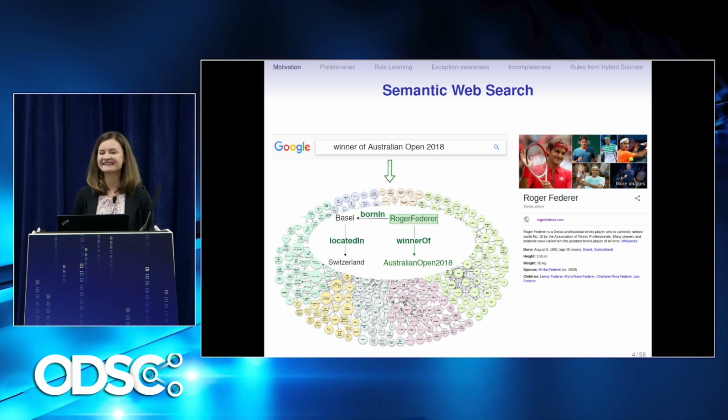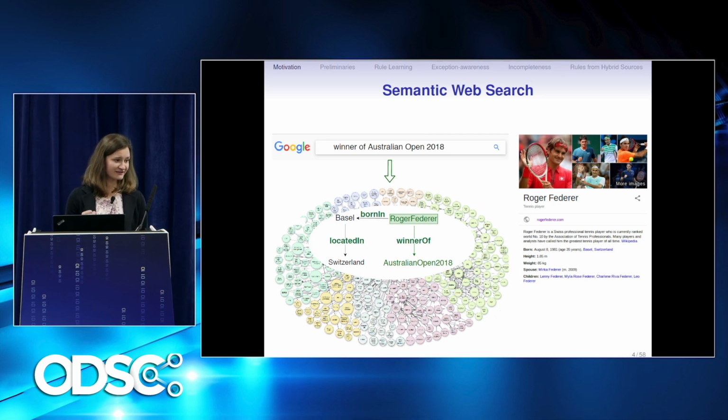What happens is the query is transformed into its formal representation and issued against the graph stored at the backend of the search engine. However, if you search for something like living place of the winner of Australian Open 2018, in fact, you would only get a set of keyword-related documents. Of course, one would prefer to be capable of issuing more complex queries and getting structured and concrete results.